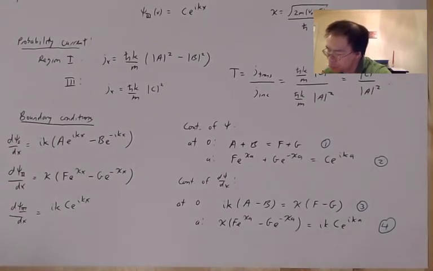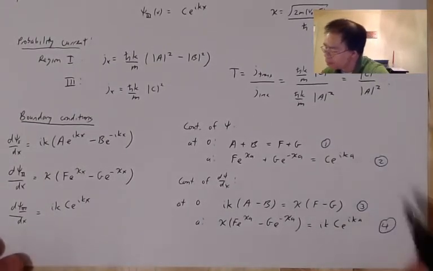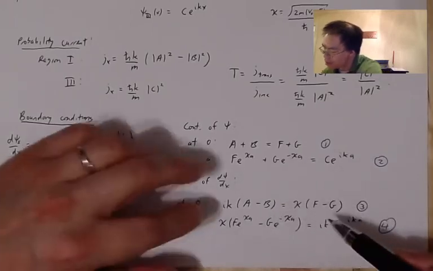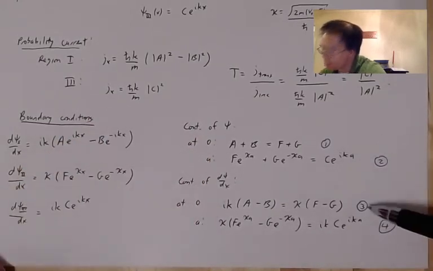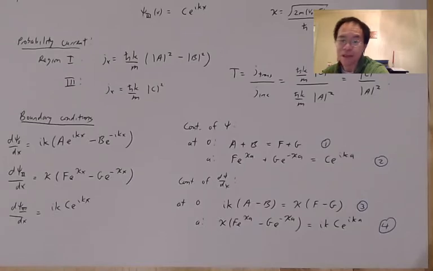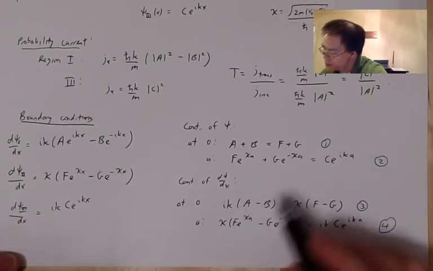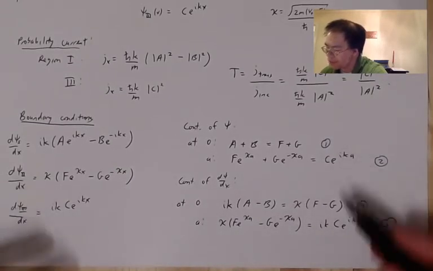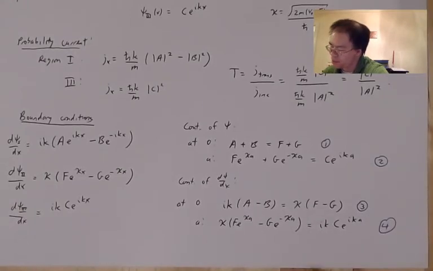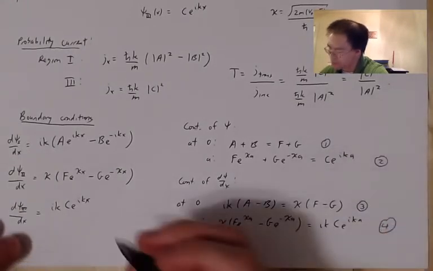So we should see if we can eliminate b. Is there a way to do that? Well, there is. If we look at equations 1 and 3, I can rearrange these and maybe add them together to eliminate b. So let's just write this out.